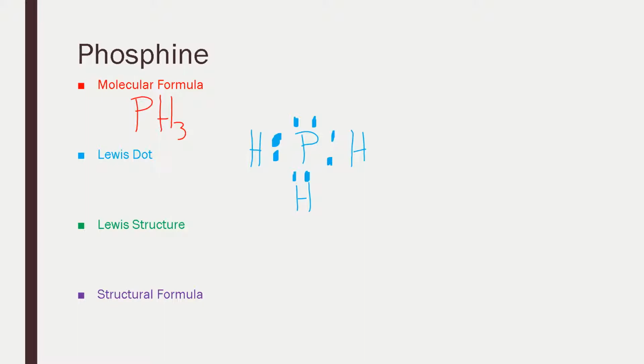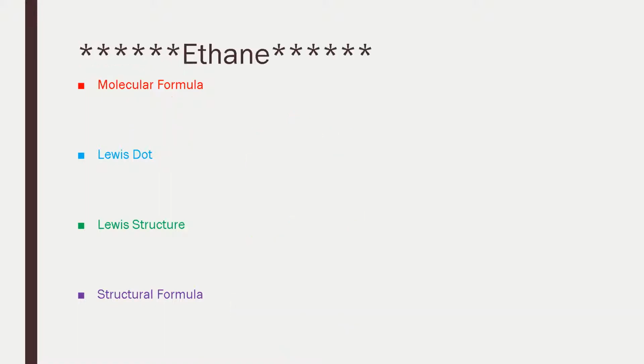The Lewis structure of phosphine looks like this, with a P in the center, surrounded by 3 H's. We'll have 3 dashes and a lone pair. And the structural formula looks the same as the Lewis structure, but without the lone pair.